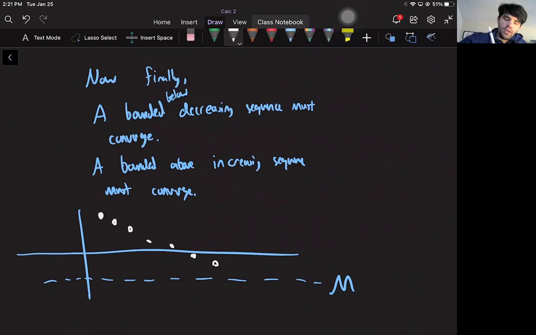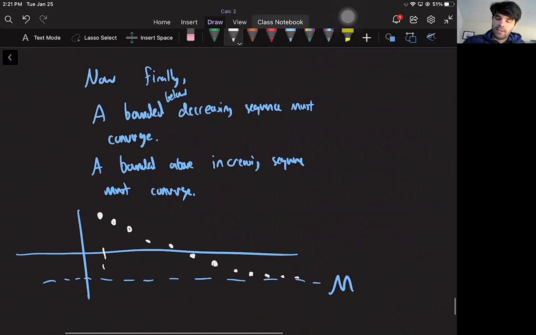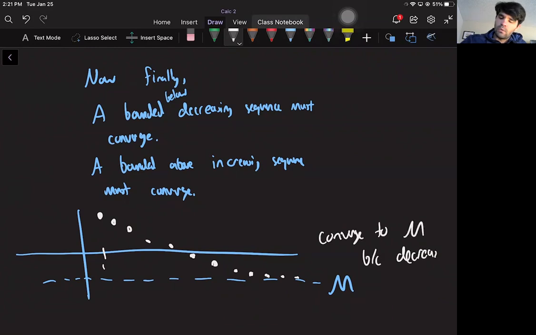Let's just pretend right away on the first term in this drawing. But because it's bounded, it can never go past this number. But because it's always going down, it is going to continue to go towards that number. So it will converge to M because it decreases toward the bound.